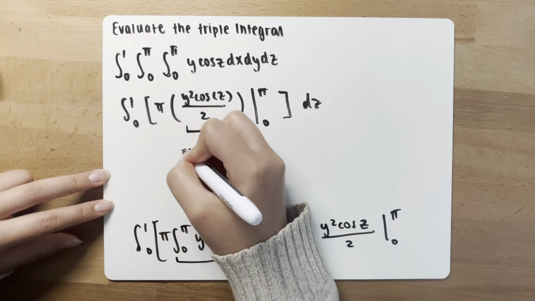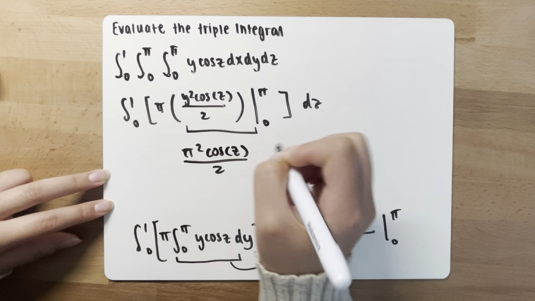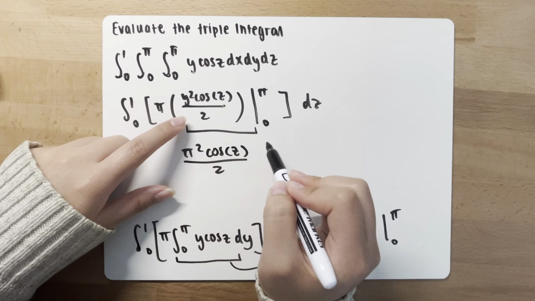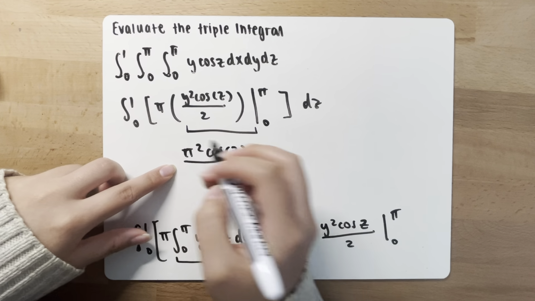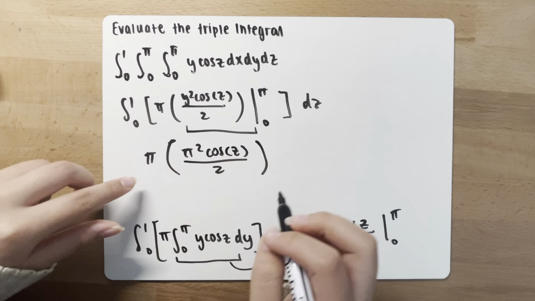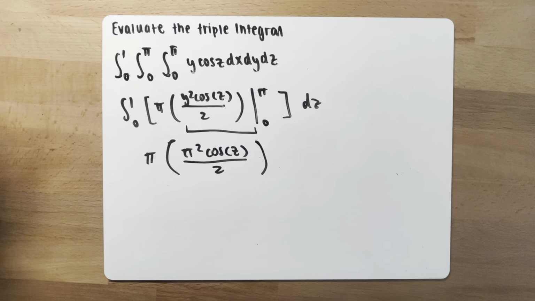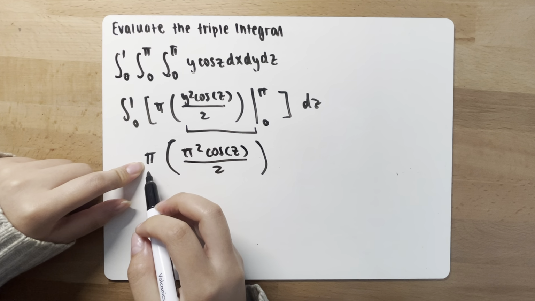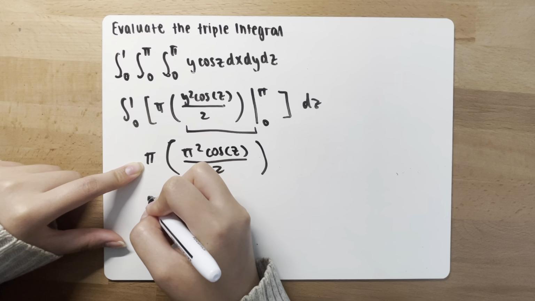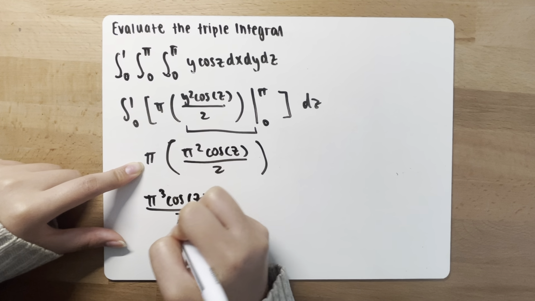This will then be pi squared cosine z over 2 minus 0 times anything, which is 0, so that cancels out. You're left with this times pi. If you distribute the pi, you'll then have pi cubed cosine z over 2.